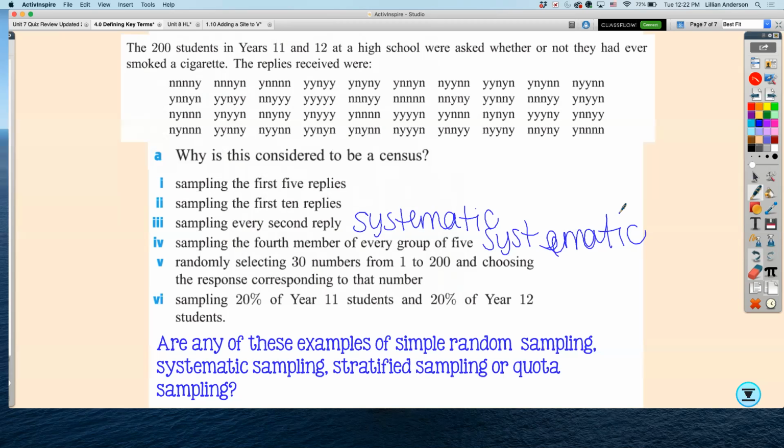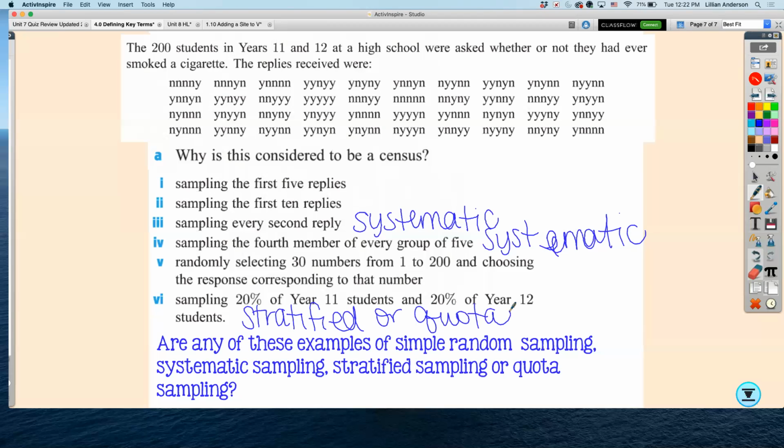Now, this would be an example of either stratified or quota, because it doesn't specify if it's 20% boys or 20% honor students. It just says any 20%, but it's still collecting a subgroup of each grade level. So this would be stratified, and then depending on the situation, it could be quota, but it falls underneath those two. Would the first two be convenient?